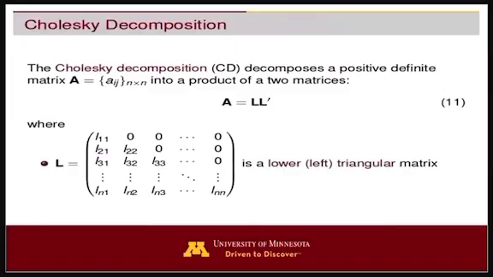Now, going into Cholesky decomposition. I want you to see the difference between the eigenvalue decomposition that we did and the Cholesky decomposition. In the Cholesky decomposition, we are also talking about a square matrix, n by n, which is going to be decomposed into two components.